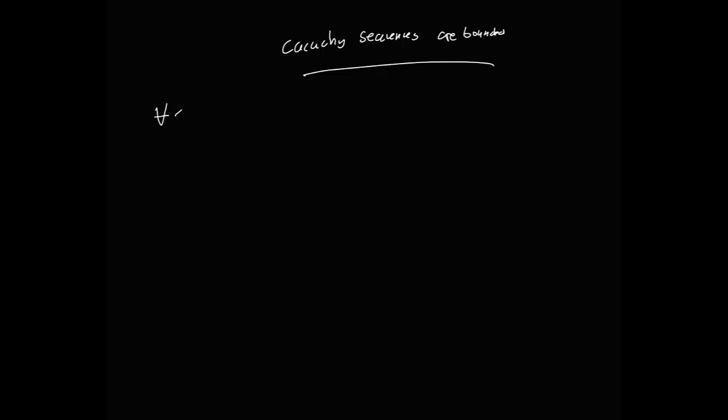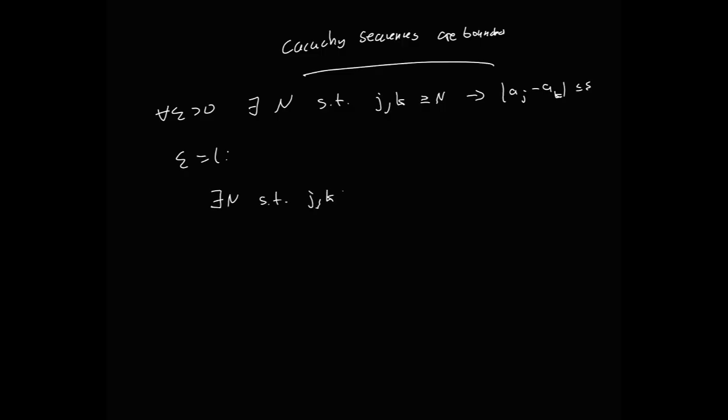For every epsilon greater than 0, there exists some N such that if j and k are greater than N, then |a_j - a_k| is less than epsilon. So let's choose epsilon to be 1. If this is true for every epsilon greater than 0, it's definitely true for epsilon equals 1. You could do any epsilon, you don't have to do 1, but 1 is an easy number to work with.